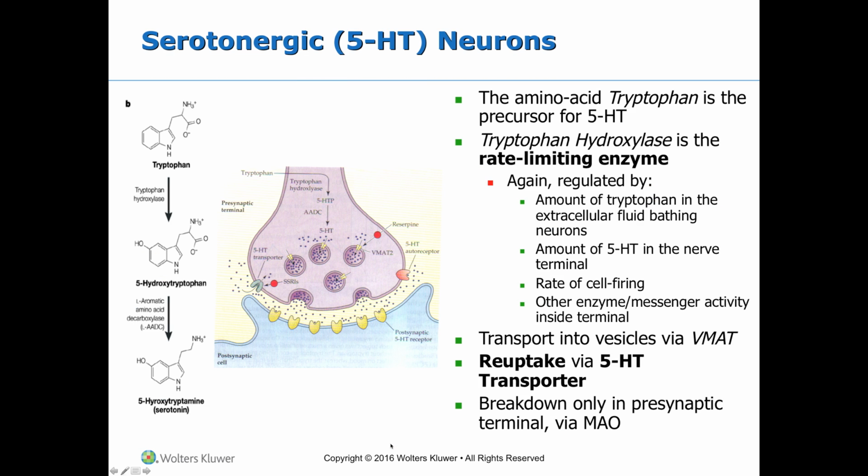The amino acid tryptophan is the precursor for serotonin. Tryptophan hydroxylase is the rate-limiting enzyme, and its activity can be regulated by numerous things: the amount of tryptophan in the extracellular fluid, the amount of serotonin present in the nerve terminal, the amount of activity going on, and other messenger activities inside the terminal.